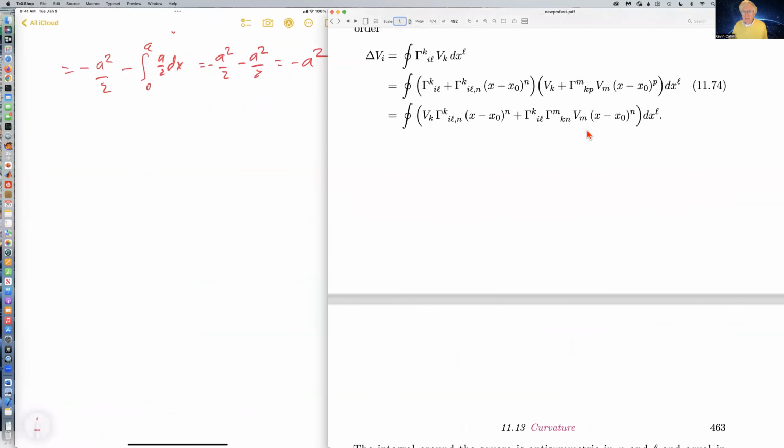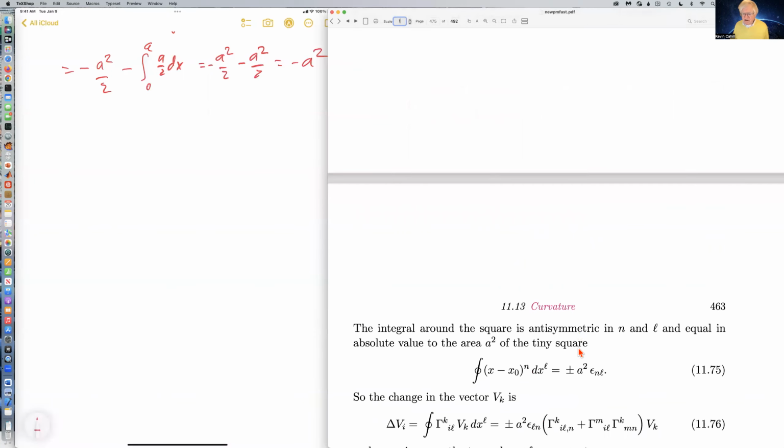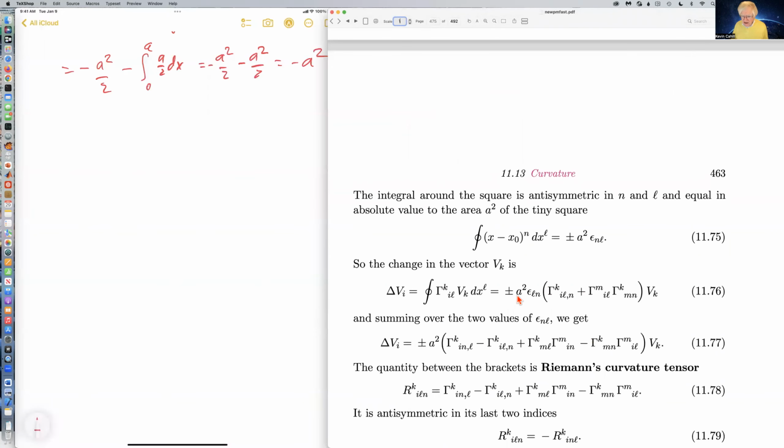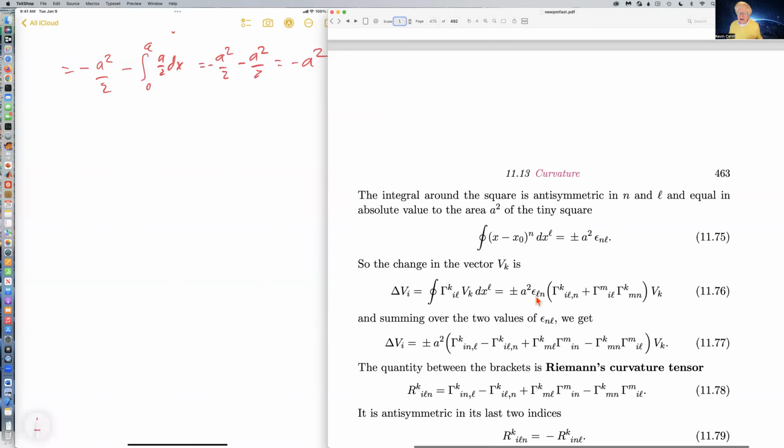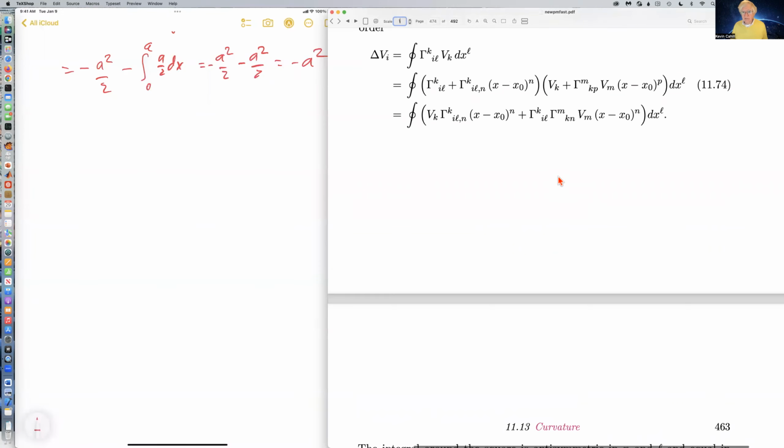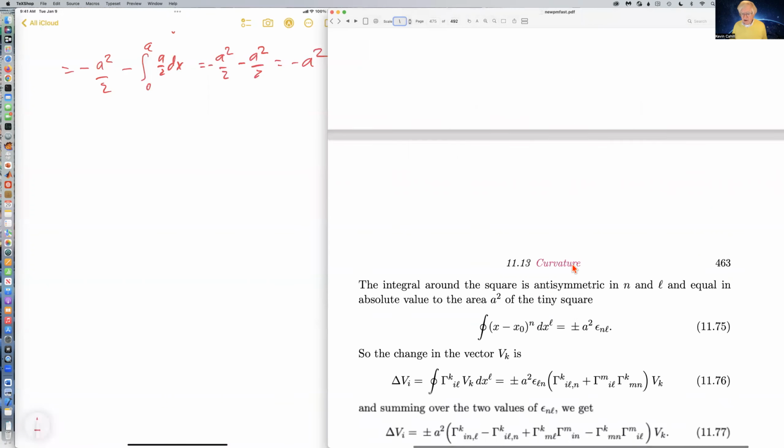All right. So in other words, I'm taking this expression here and doing this for the x minus x0 n dxl, and I'm interchanging m and k. M and k are both dummy indices here. And so when I do that, I get a squared. Epsilon NL is just plus or minus 1, and 0 if n is equal to L. And what remains here is this term plus this term.